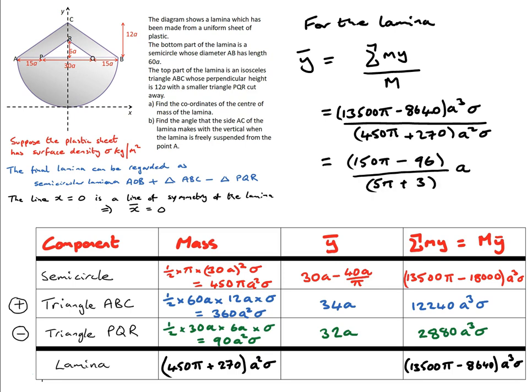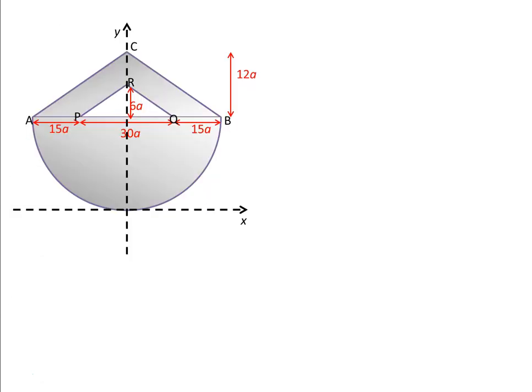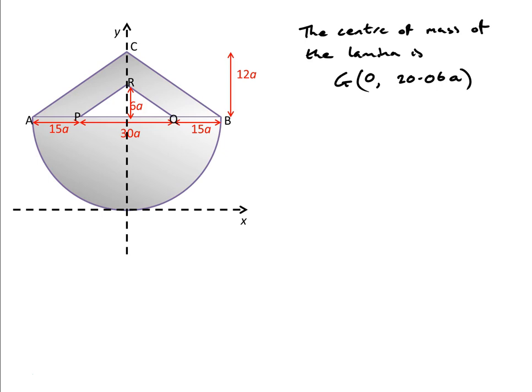And we can simplify that down by knocking out common factors and end up with an answer of 20.06a. So, we have now discovered that the centre of mass of the laminar is at the point x bar equals 0, y bar equals 20.06a.